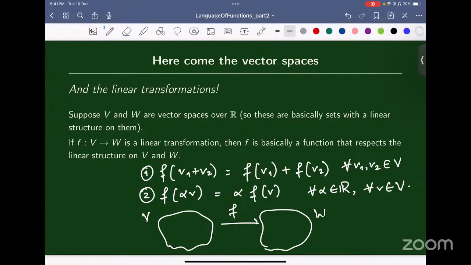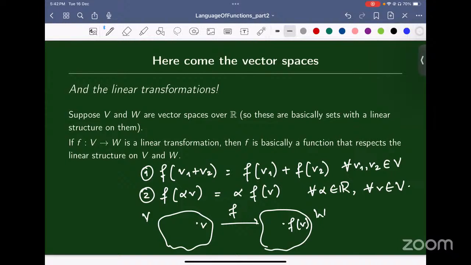The point about respecting scalar multiplication reads similarly.